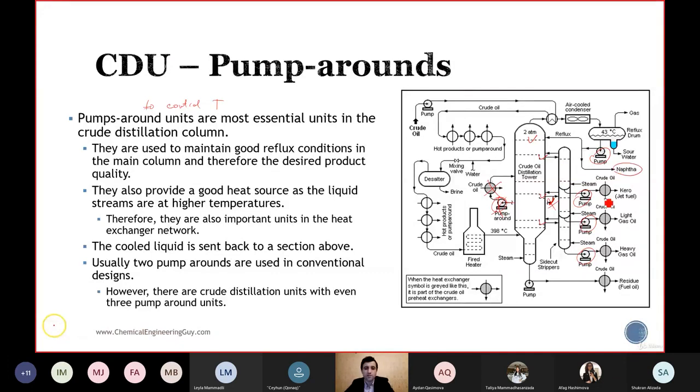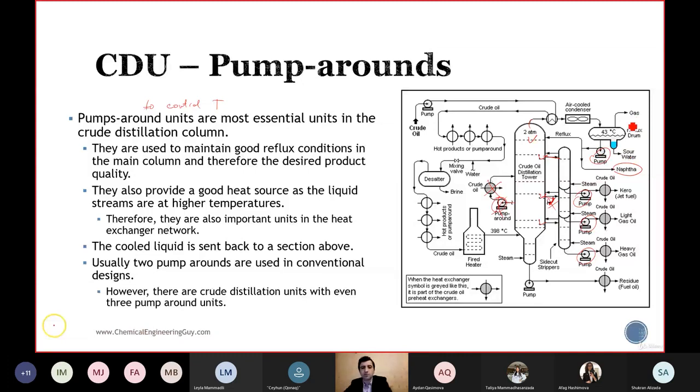For instance, reflux. If I have, let's say, naphtha in the gas, it means that I am stripping naphtha. I have to cool the tower overhead to save naphtha. I don't want naphtha to leave as a gas.